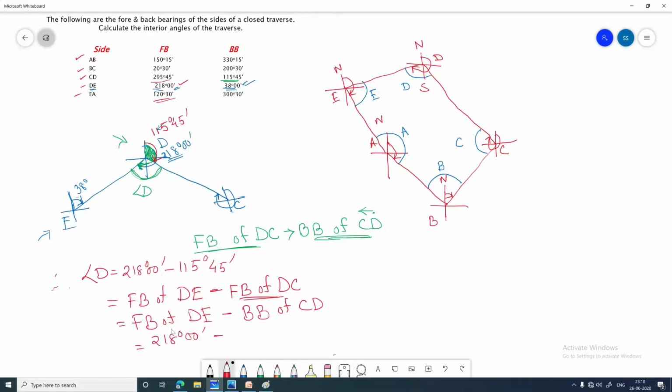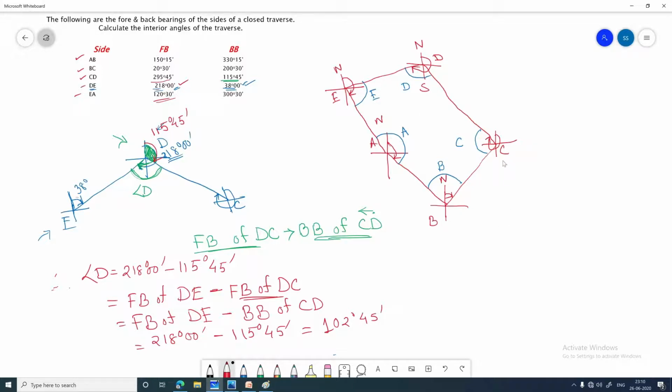So yes, forward bearing of DE is 218 degrees and back bearing of CD is 115 degrees 45 minutes. So definitely what will be the value then? It is 102 degrees 45 minutes. Very simple. Now angle D we have determined, right?